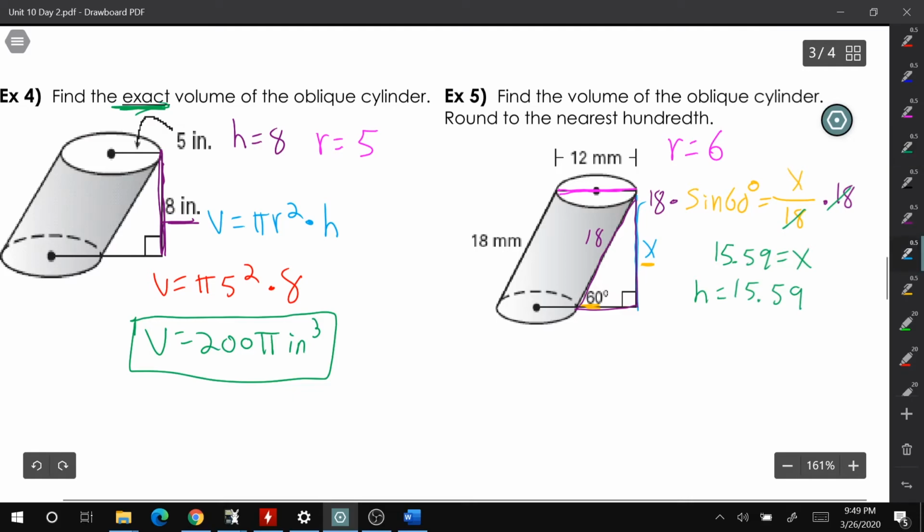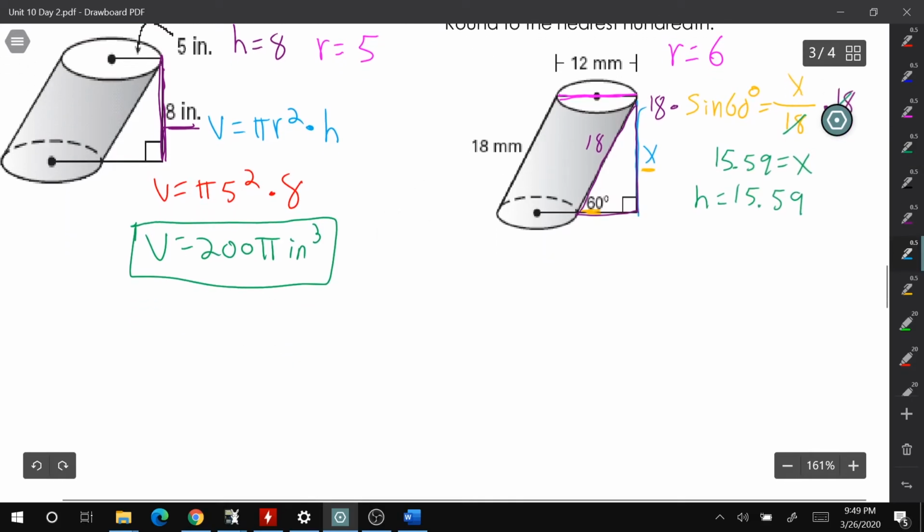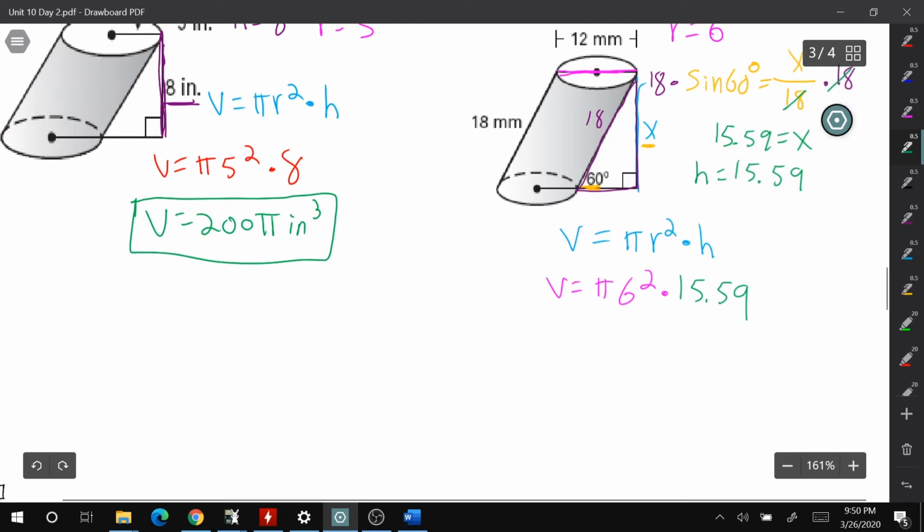So now we can use our volume formula. Volume equals pi times r squared times the height, and plug everything in. Our radius is 6, and our height was 15.59. So I would type all this into the calculator, just like this, just like as you see it.